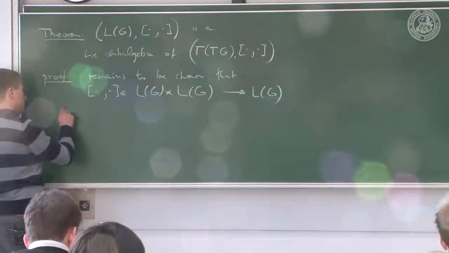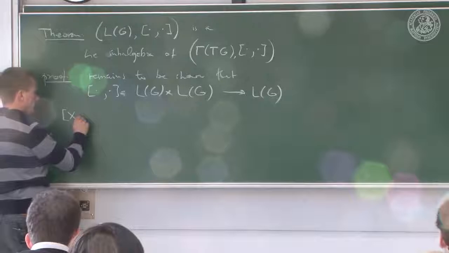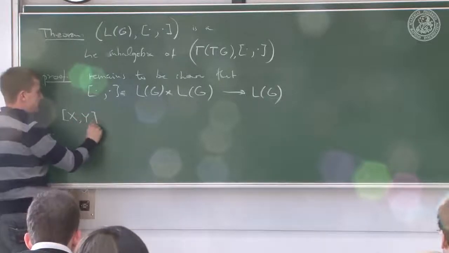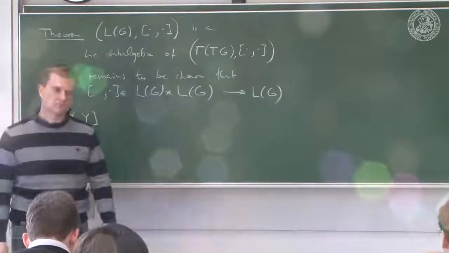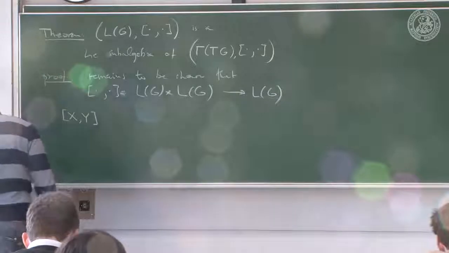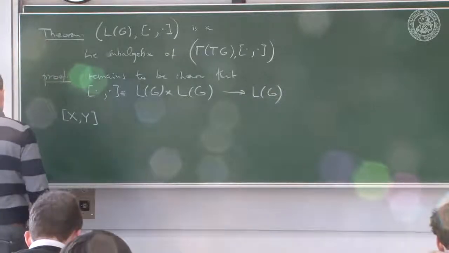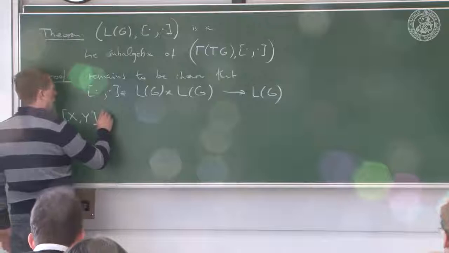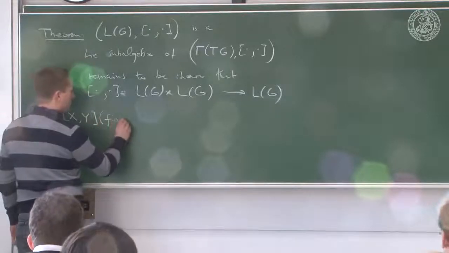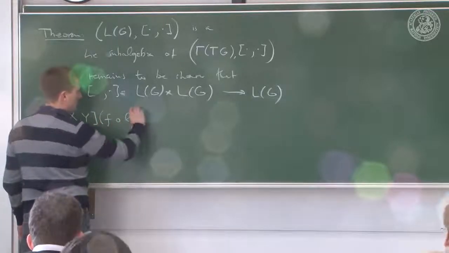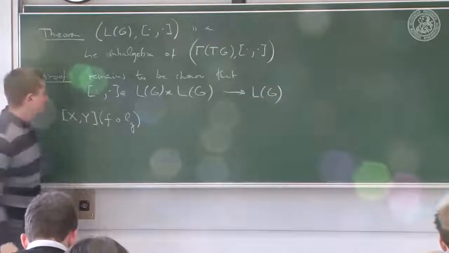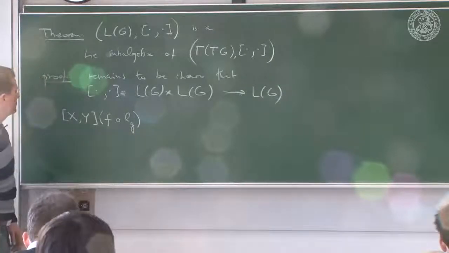Well, we take the commutator of two left invariant vector fields. Now, we let it act on the following object, f after L g.